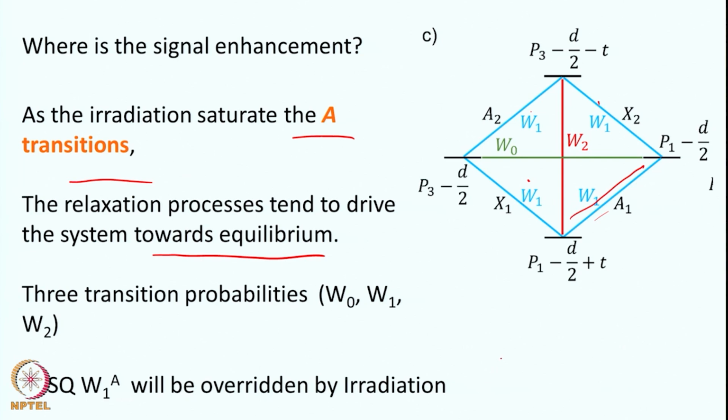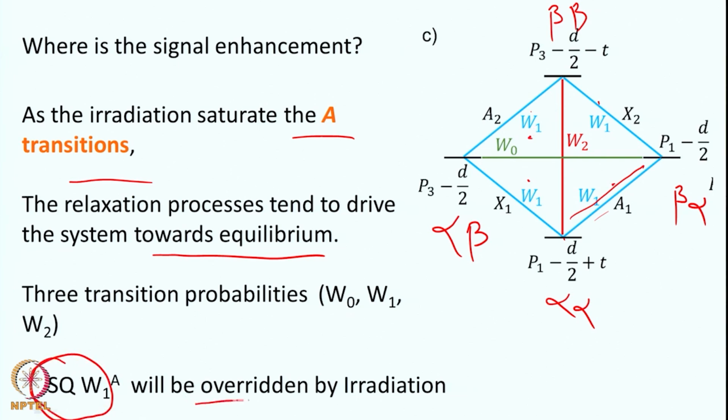However, there are another two, which are double quantum and zero quantum transitions. In the double quantum transition both spins flip, like the alpha alpha state going to the beta beta state, and in the zero quantum transition the alpha beta state goes to the beta alpha state. Now, as we are irradiating spin A, the single quantum transition due to omega 1 for the A spin will be gone because we are irradiating it.